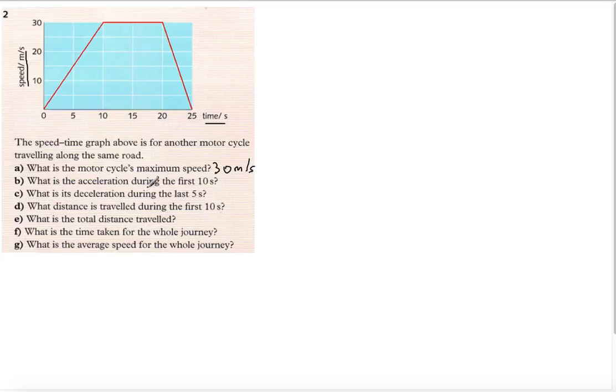What is the acceleration during the first 10 seconds? As we can check here, we are going to focus on here. Acceleration equals change in velocity out of change in time. What is the final velocity here? Final velocity is 30 meters per second.